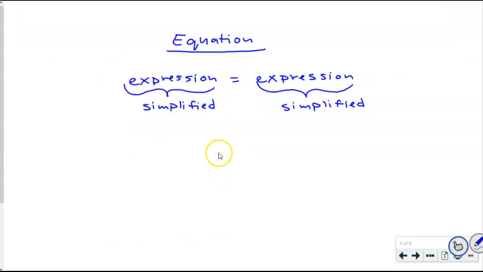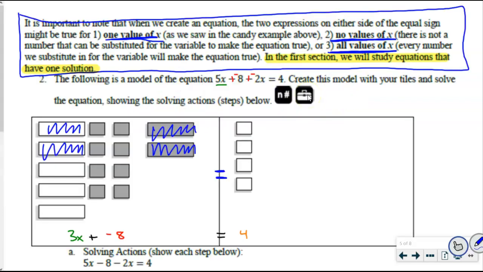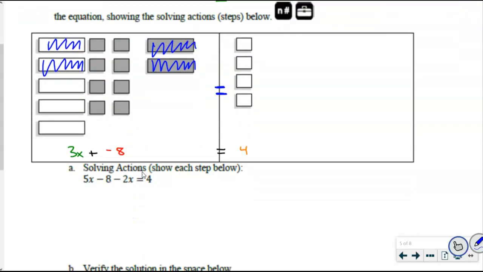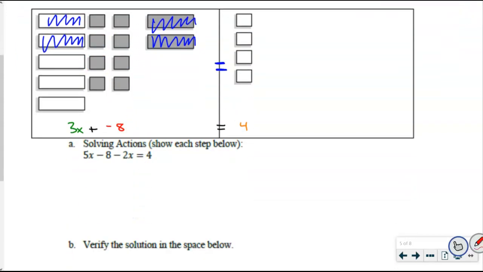Going back to this slide. If an equation is just an expression equal to an expression, then our first job is to make sure that each side is simplified. Was it simplified in the beginning when I had terms that were needing to be combined? No. Is it simplified now? Yes. So what was our first solving step? It says solving actions.